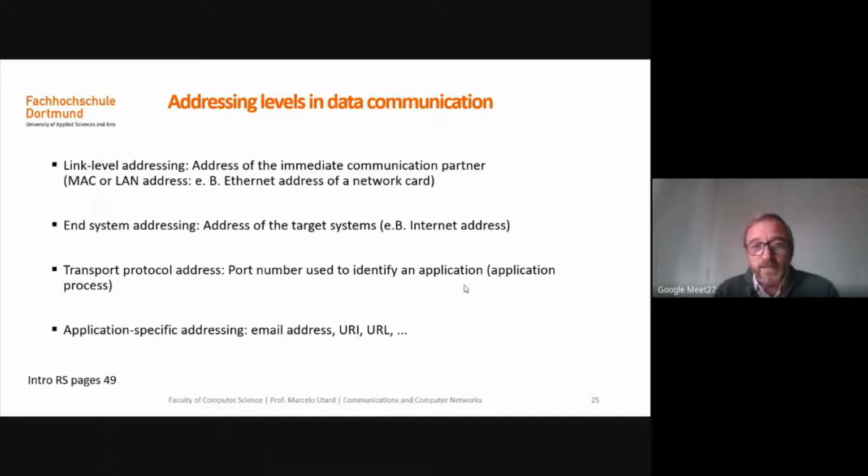And then we could talk about the addressing level at the transport protocol level.